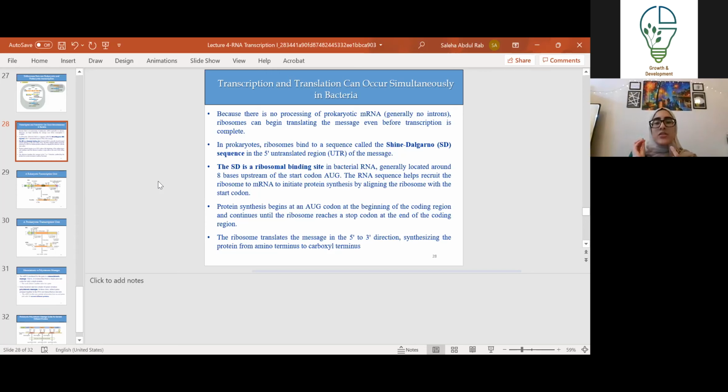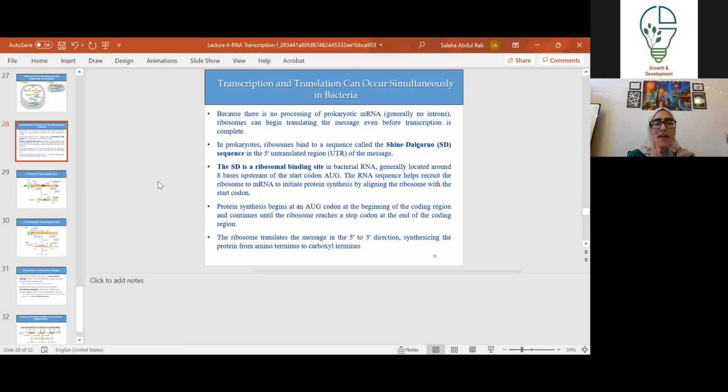It's essentially a ribosomal binding site. So it brings the ribosome to the mRNA, and that point is where the ribosome is then going to start protein synthesis. It has a lot to do with aligning, and it brings the start codon towards the ribosome.